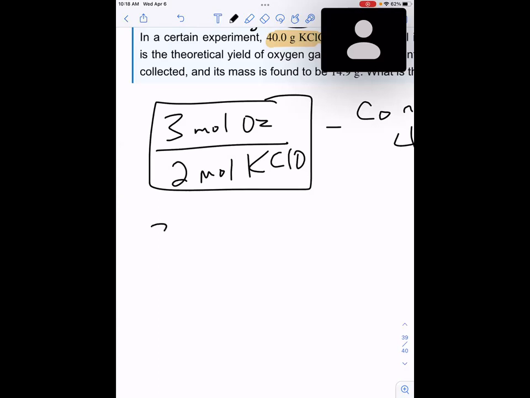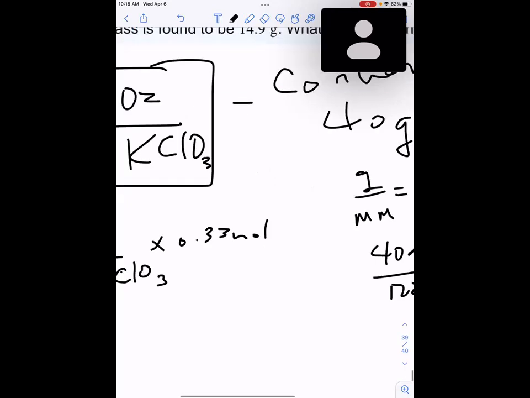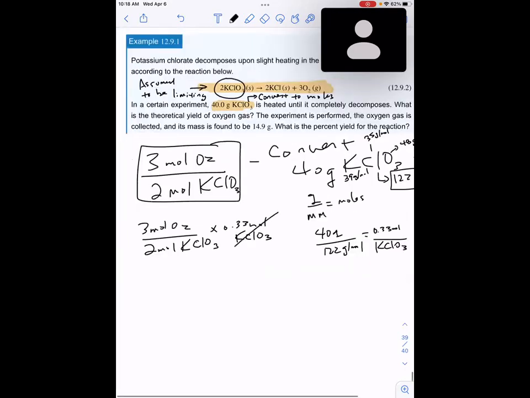So we're going to do 3 moles of O2 over 2 moles of KClO3 times 0.33 moles of KClO3. The moles of KClO3 will cancel. What do we have? 0.45, something like that. I got 0.495.